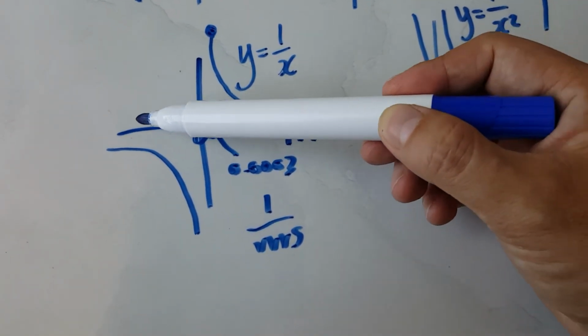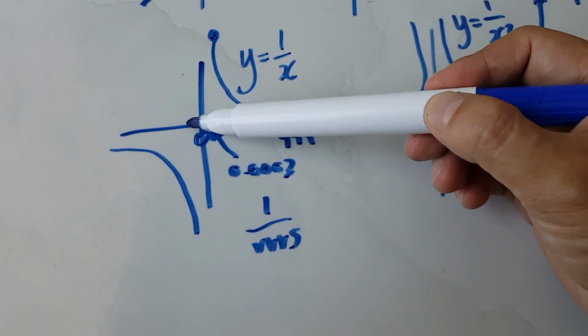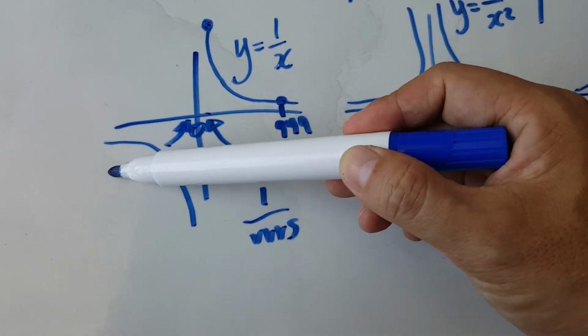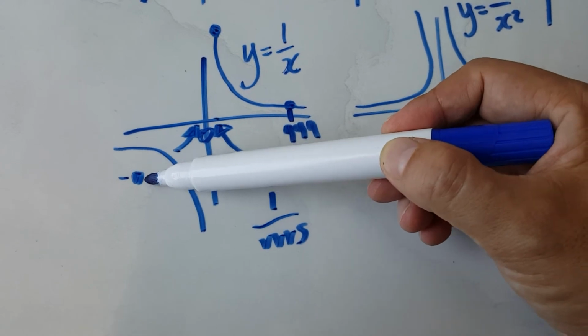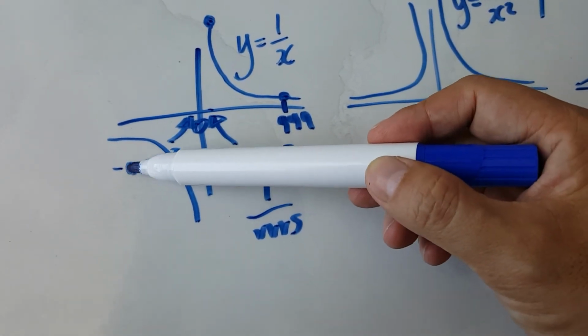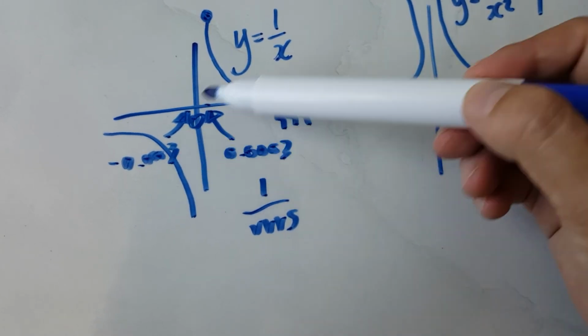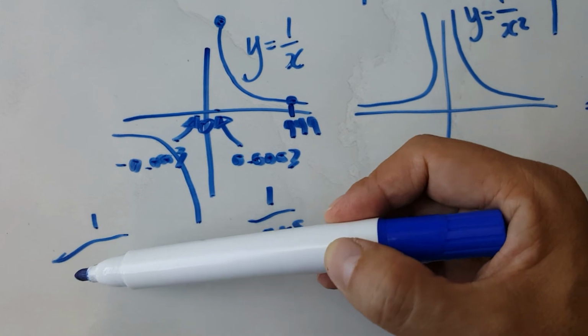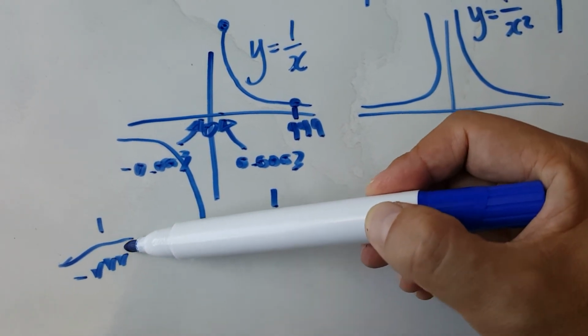And then use the same argument for the left-hand side. Select a number just to the left of 0, so that would be negative 0.00003, say. If you put that into here, it would be 1 divided by negative very, very, very small.